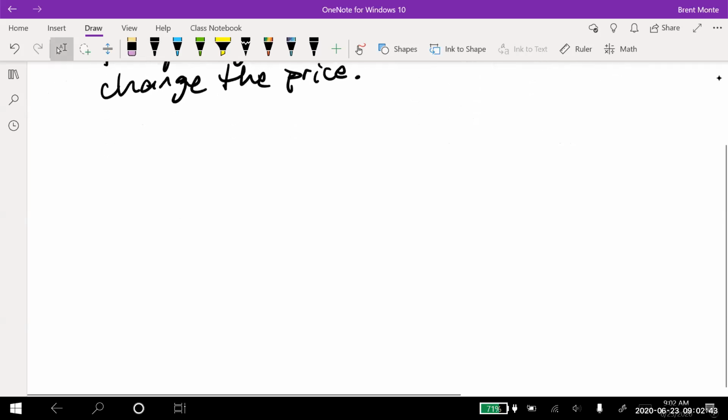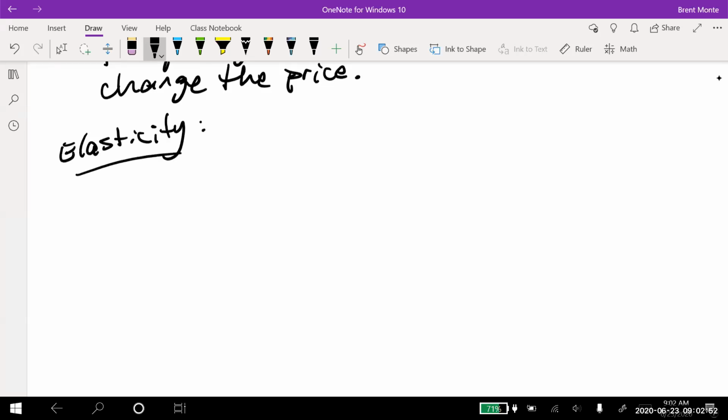So what we're doing for elasticity is we're going to measure the percent change in quantity demanded over the percent change in the price.